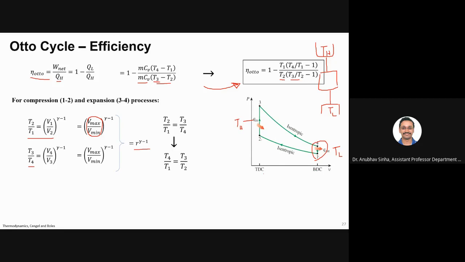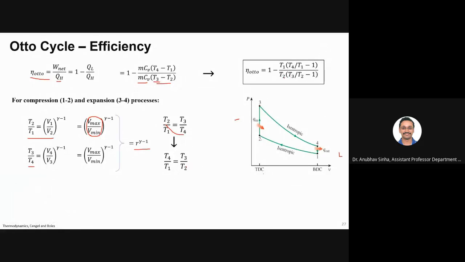Or I can also say T4 by T1 if you do rearrangement. If you take T4 here and T2 here, I can say T4 by T1 is equal to T3 by T2. Okay, now if you look at this ratio, what we have done.